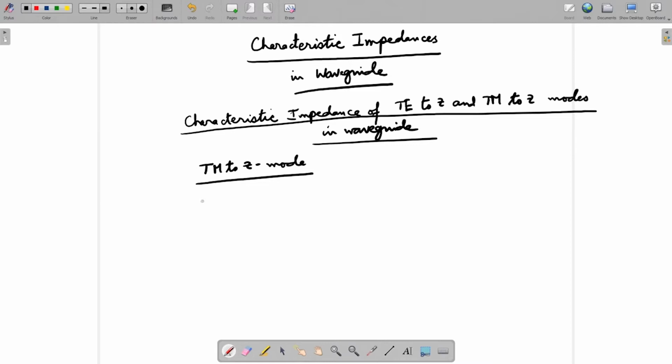So, particularly if you look at equation 34a, we can obtain the electric field component E x.